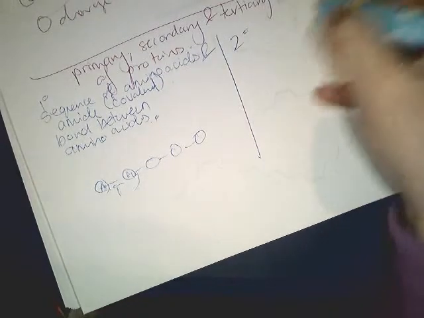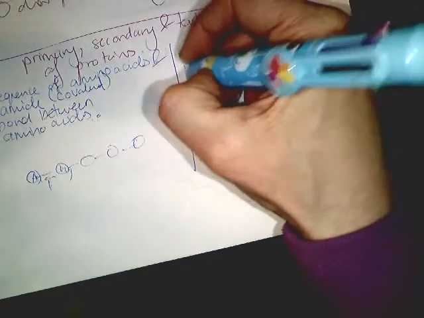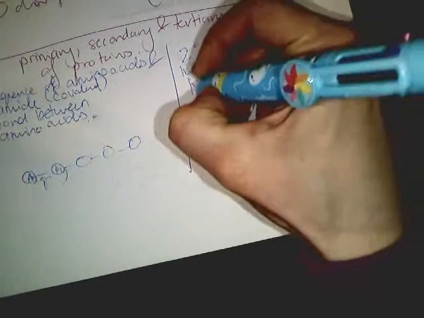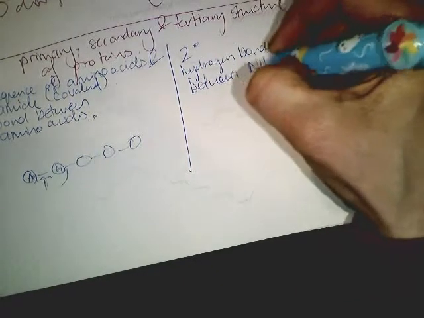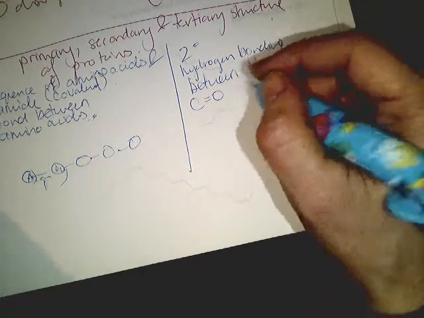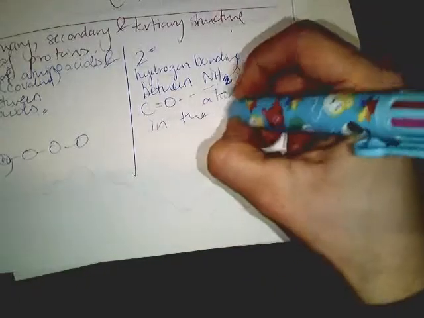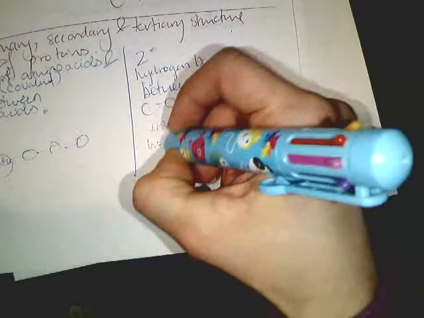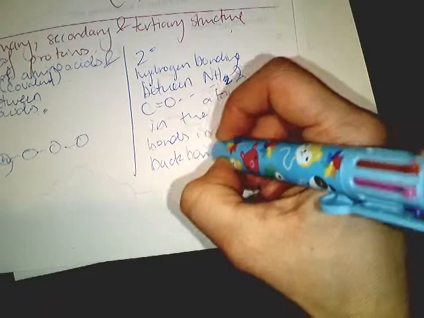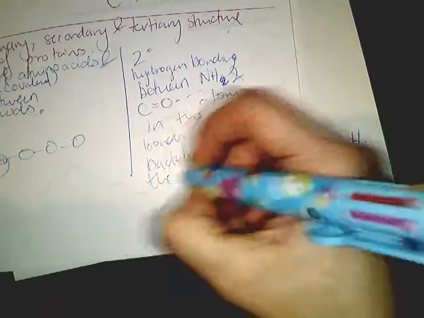Secondary structure talks about hydrogen bonding between NH2 and C double bond O, NH and C double bond O, specifically atoms in the amide bonds in the backbone of the protein.